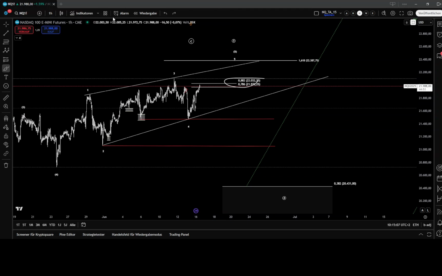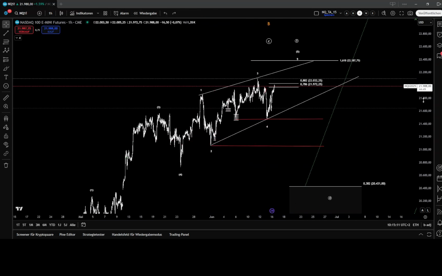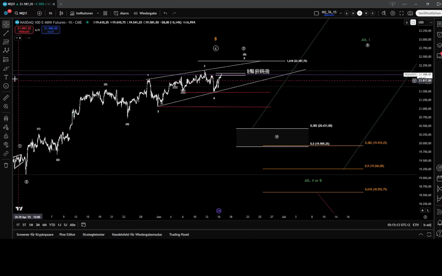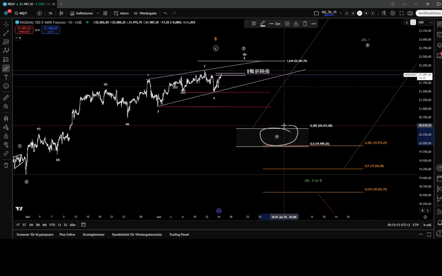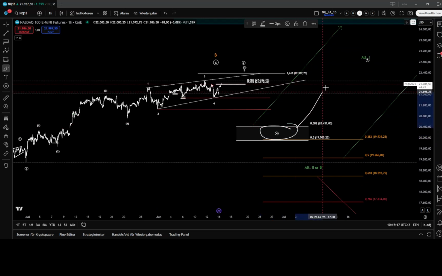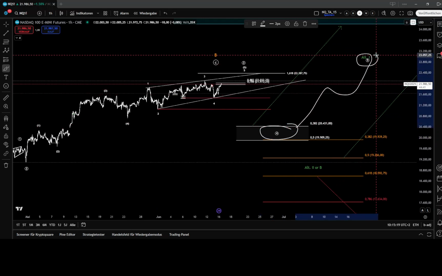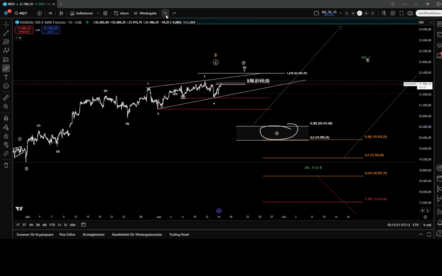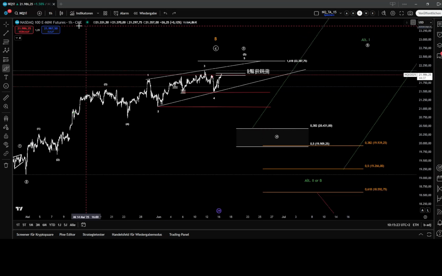What's next from here? Honestly, I still expect that retracement then to the downside, either in the white wave 4 in circle here, to get another move to the upside in the 5, and then I would call it wave 1, because that is still my interpretation here.